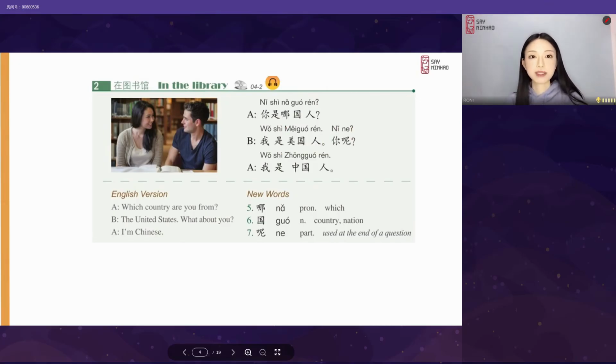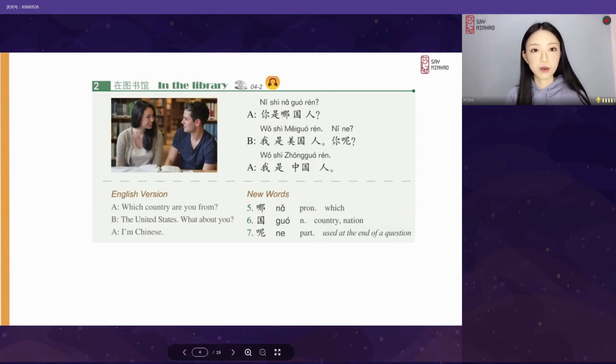Now let's read it from the start. 3, 2, 1. 你是哪国人？我是美国人。你呢？我是中国人。Very good. This time I will be A and you will be B. 3, 2, 1. 你是哪国人？我是中国人。Very good.